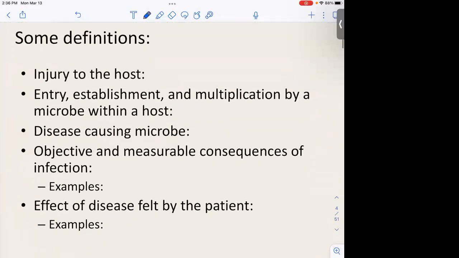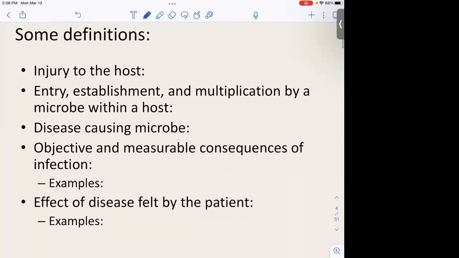All right. So a few definitions. We want to try to use these terms appropriately. If a host is injured by a disease-causing microbe, we call it disease. But if that microbe has entered and established and multiplied, we would refer to that as an infection.